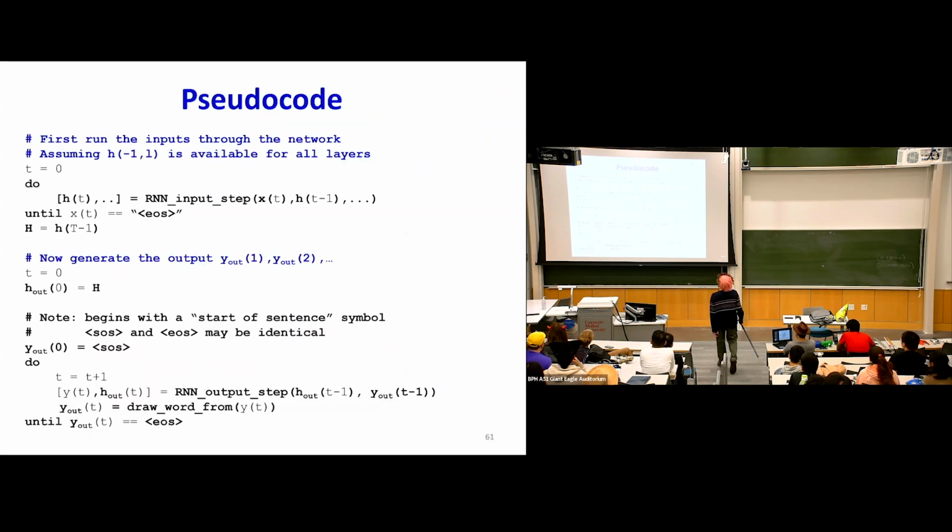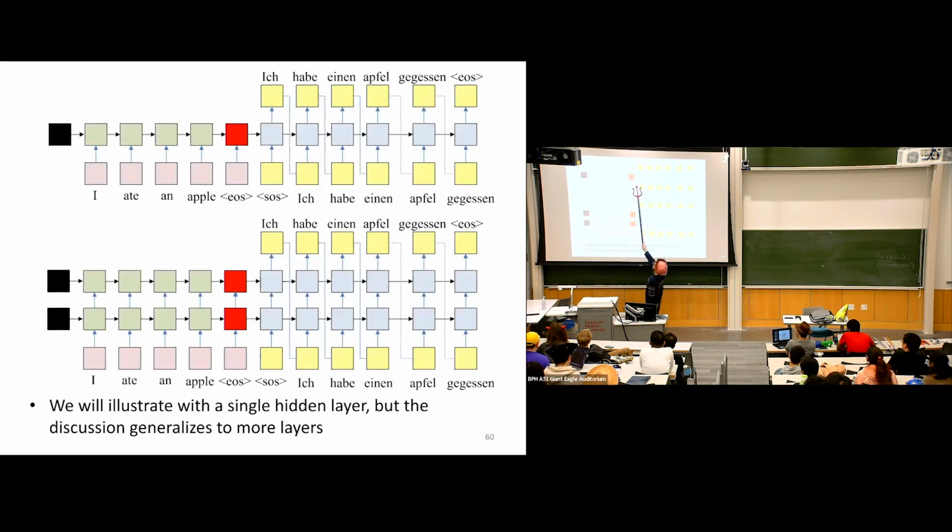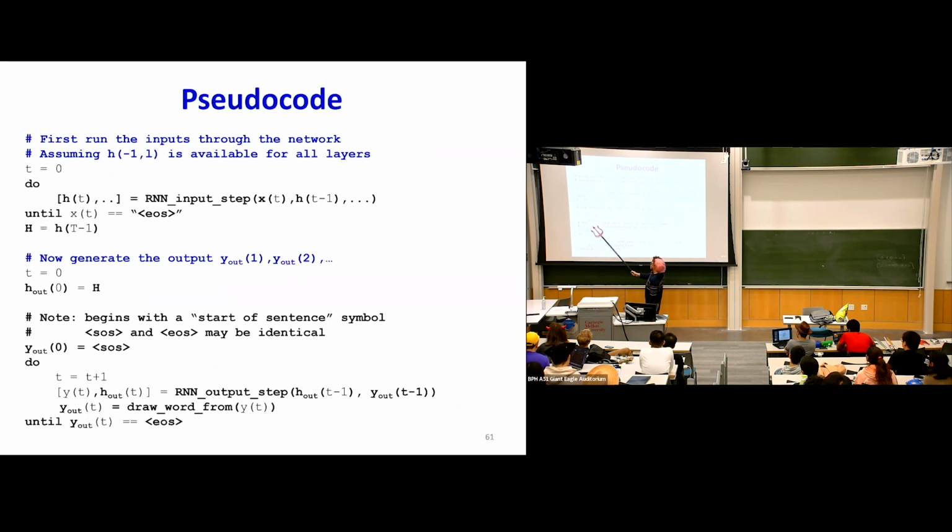So here's what the pseudocode is actually going to look like. The inputs are going to be processed by the initial portion of the network till you get the final hidden state out here, this guy. And then after that, that hidden state is going to be passed in as the initial hidden state. The initial output symbol is the start of sentence.